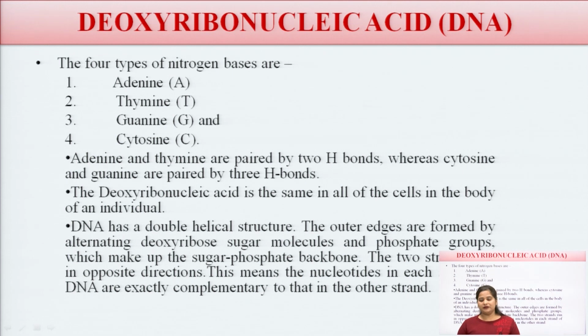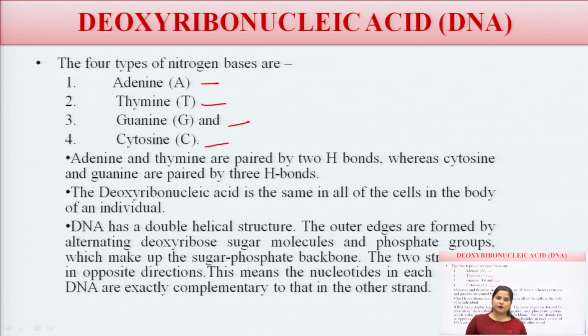Now, next, the four types of nitrogen bases: adenine, thymine, guanine and cytosine.